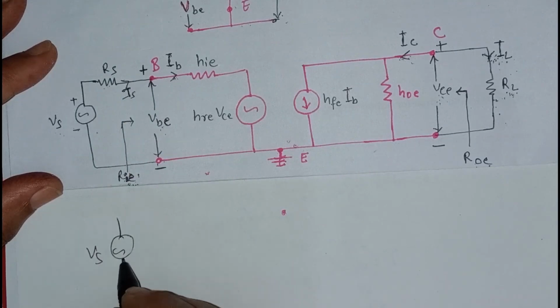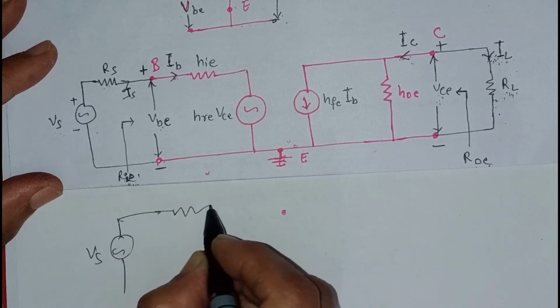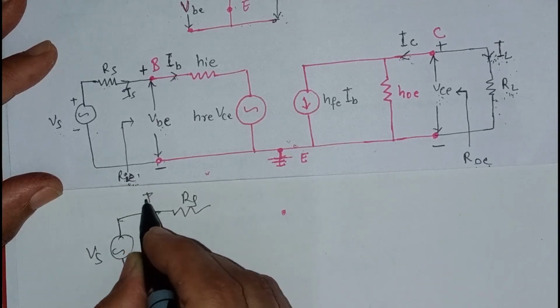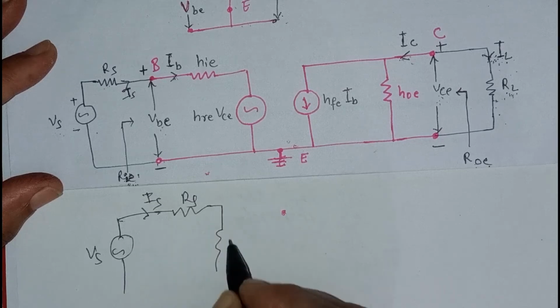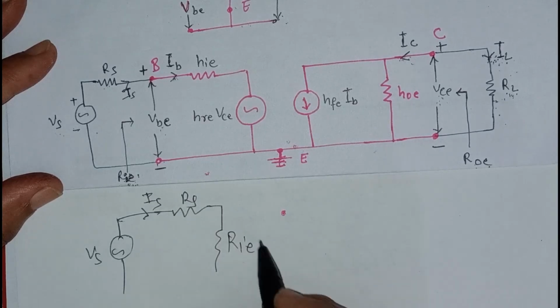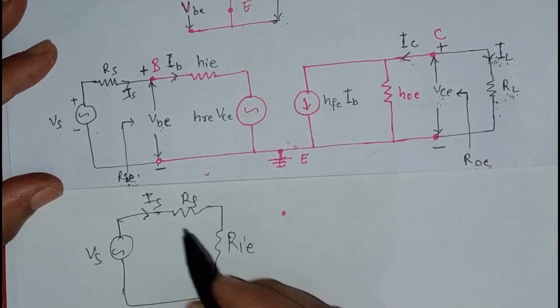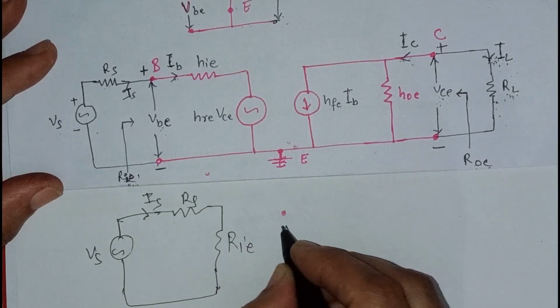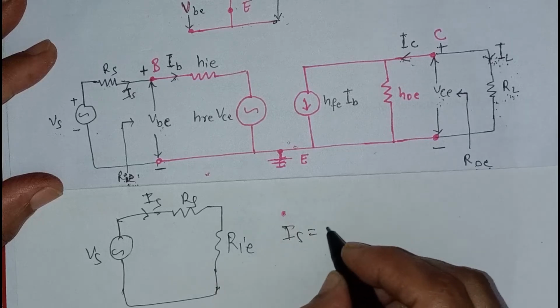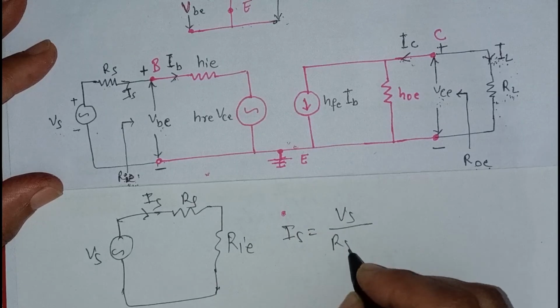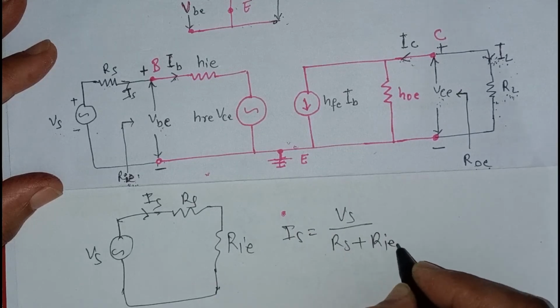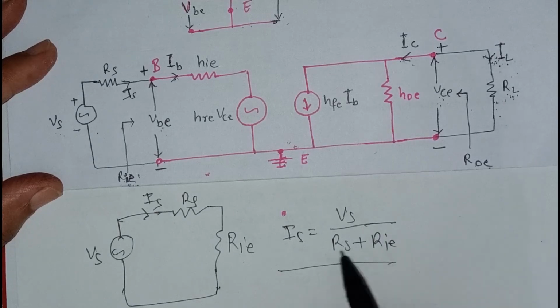This is VS and this is RS, and this IS is flowing, and this is RIE, the input impedance of the whole circuit. Now we can find IS equals VS upon RS plus RIE. So the current IS will be given by this equation.